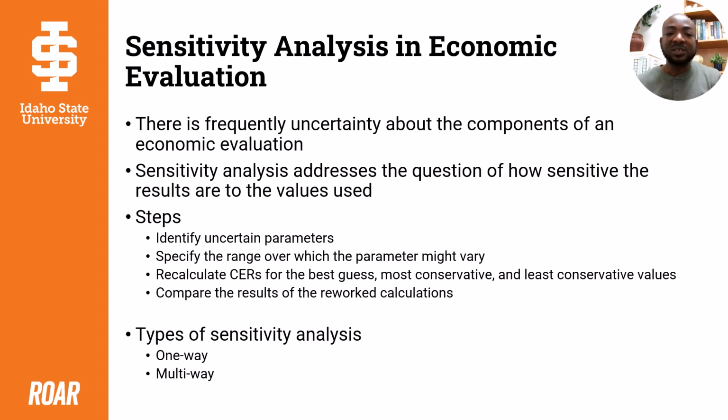Such a process is called a sensitivity analysis, since it addresses the question of how sensitive the results are to the values used. The first step in any sensitivity analysis is to identify the parameters which are uncertain, e.g. the average length of stay for a patient with tuberculosis. The second step is to specify the range over which we think the parameter might vary.